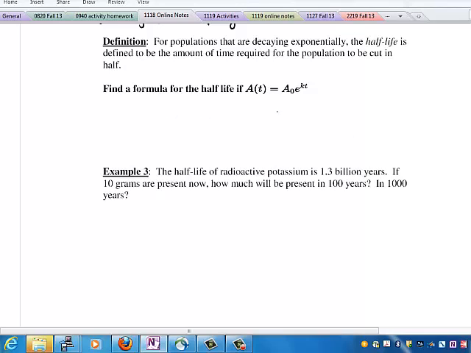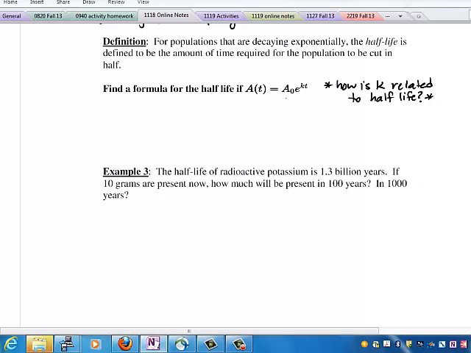So we'll find a general rule for how the half-life is related to the k value. That's our question: how is k related to the half-life?